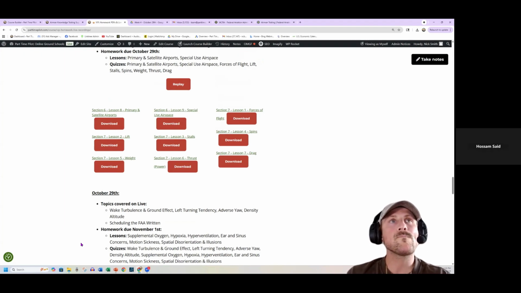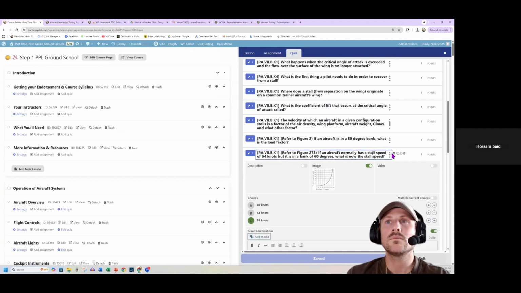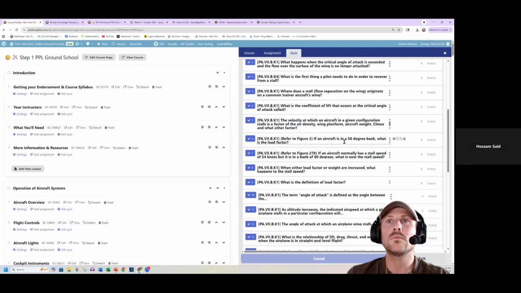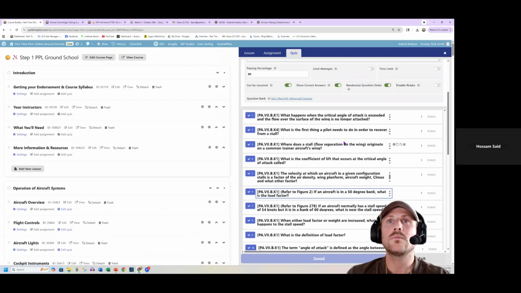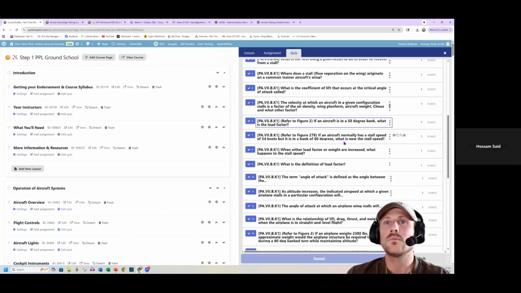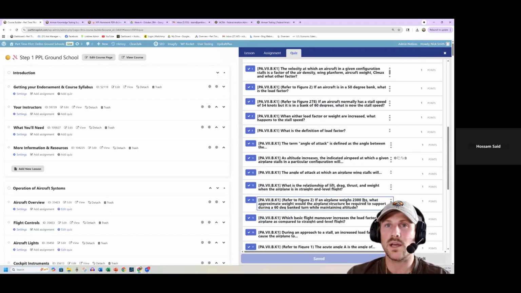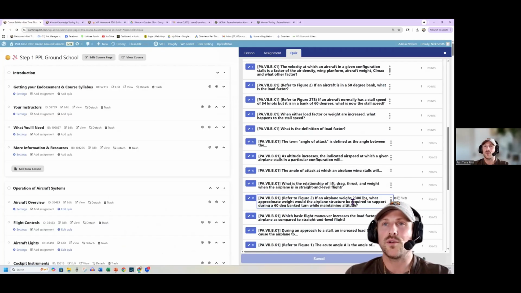It's saying refer to figure 2. If an airplane weighs 3,300 pounds, what's the approximate weight of the plane? Yeah, right here. Okay, so refer to figure 2. So let's go to figure 2.